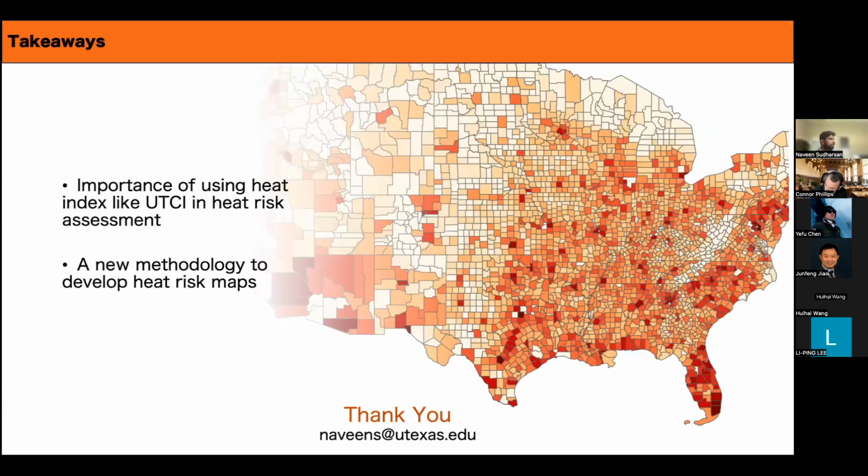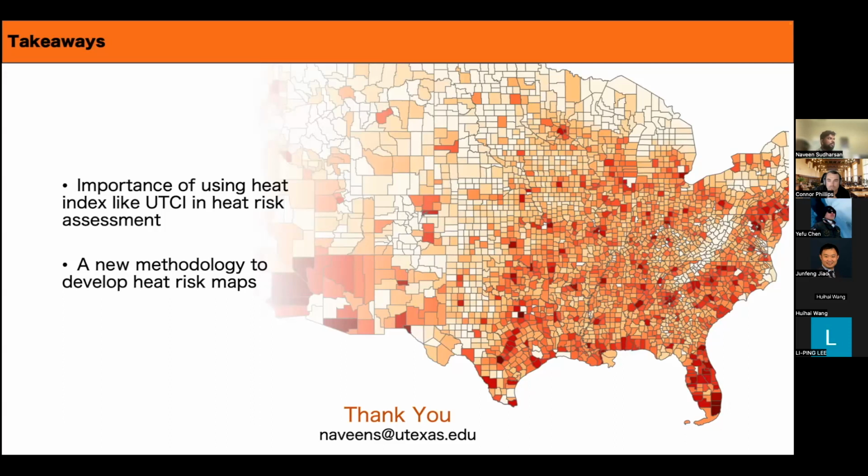If we come to the takeaways from this presentation, they are to introduce you to UTCI and how important it is to use an index to understand the heat risk rather than just going with air temperature or any single variable. Instead, you should always go with the combination of air temperature, humidity, radiation, and wind.